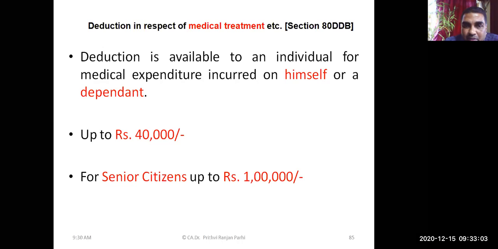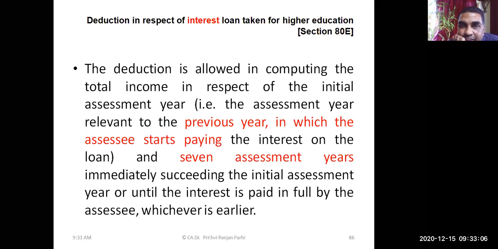Now coming to the next section, 80E. 80E talks about deduction in respect of interest on loan taken for higher education. So how is it allowed? Deduction is allowed in computing the total income in respect of the initial assessment year, that is, the assessment year relevant to the previous year in which the assessee starts paying interest on the loan.